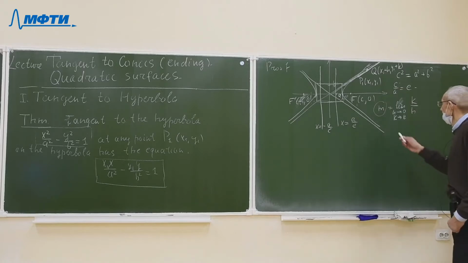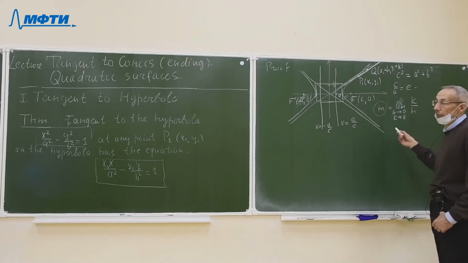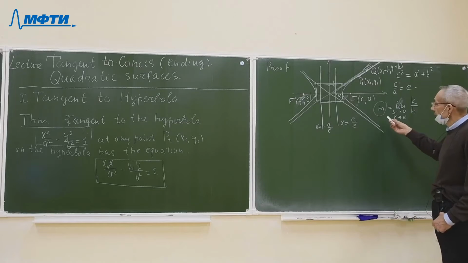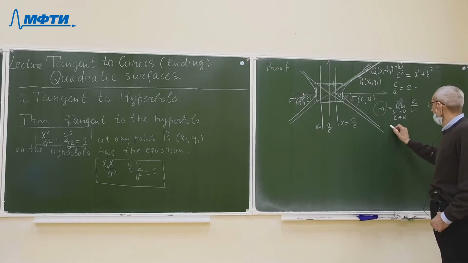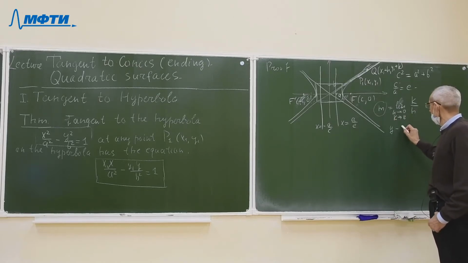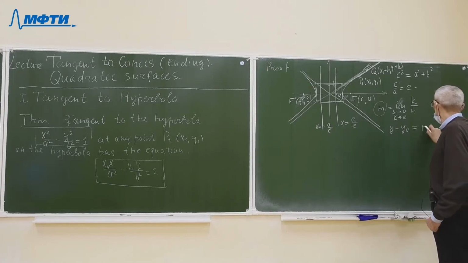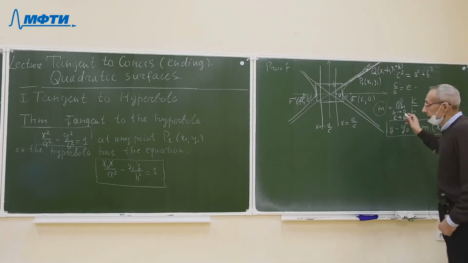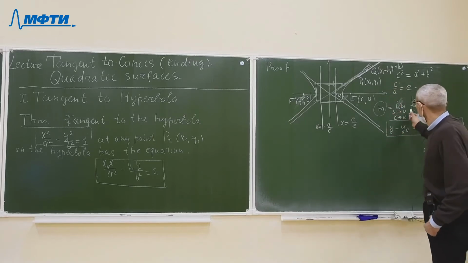The equation of our tangent is the following: y minus y1 is equal to m times x minus x1. And let's calculate the slope m.